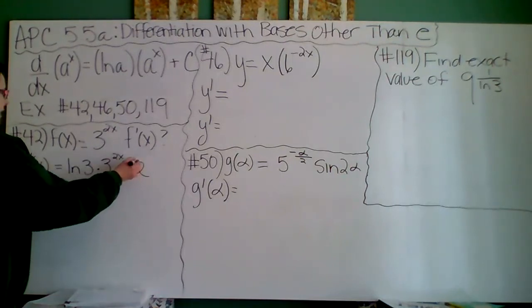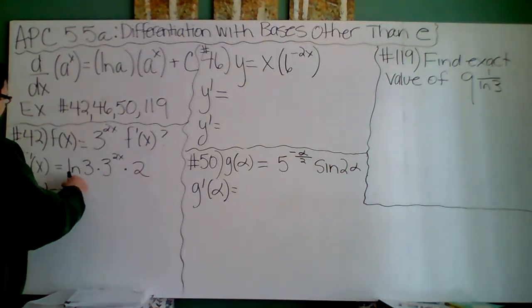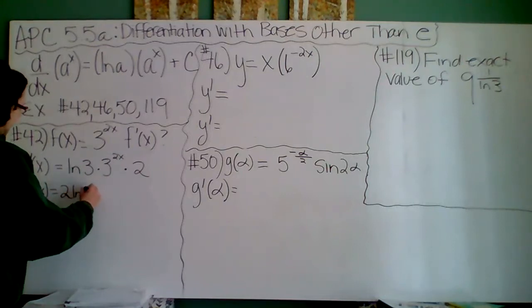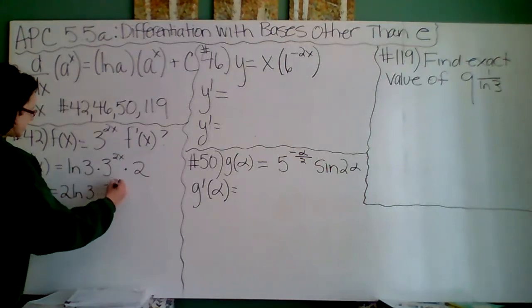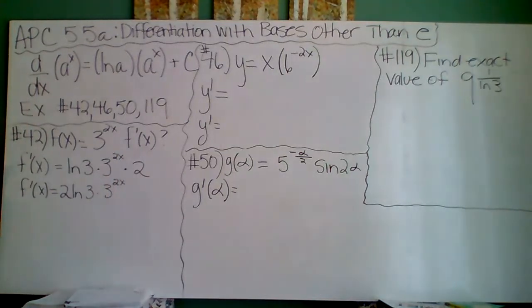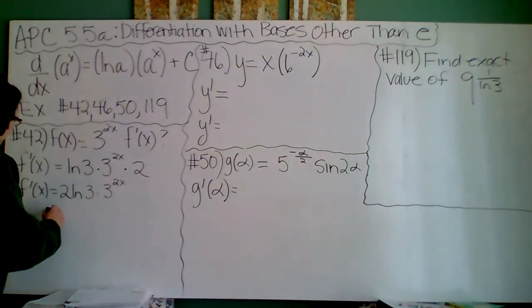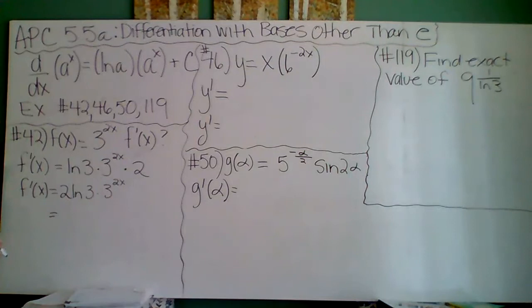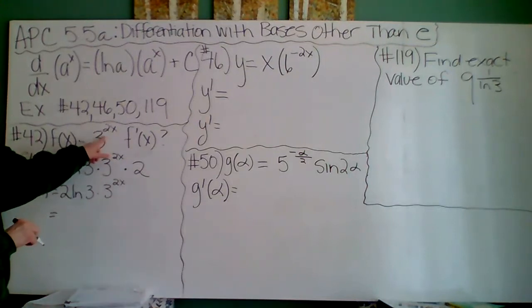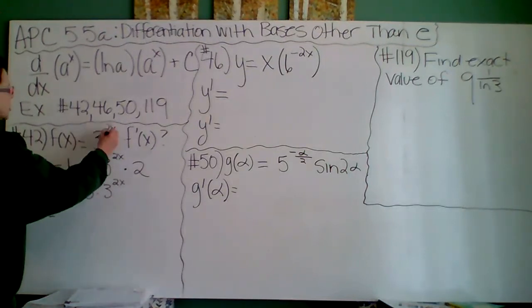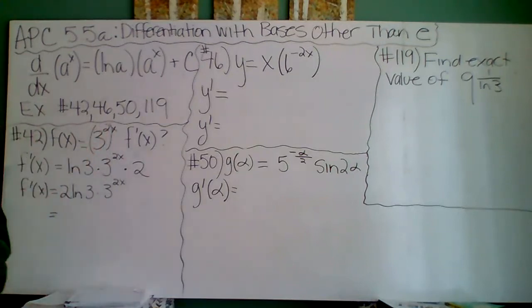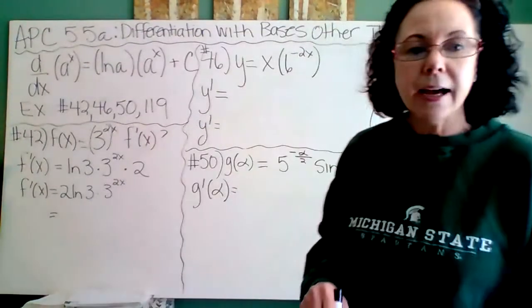They kind of tend to put the constant out front, followed by the natural log if it's a constant, followed by the base. I also want you to know that it could be written as, and it is in the book, though it kind of bothers me because they wrote this as 3 to the 2x. Notice they could have written that as 9 to the x, right?